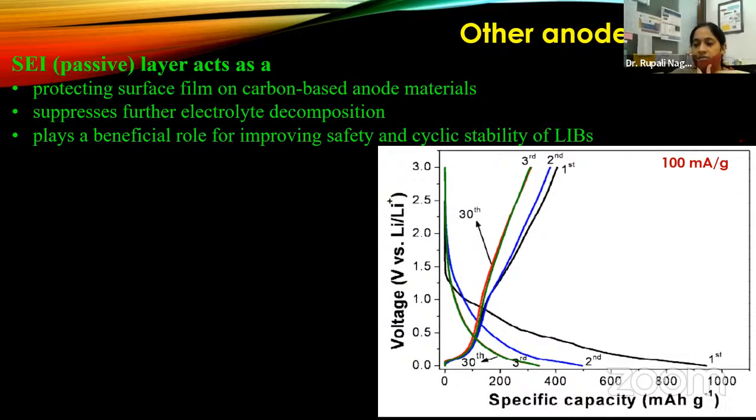So here, 100 milliampere per gram, when the cell is operating, you can see that this is the first discharge cycle. So when you have just constructed the cell and use it in the first discharge cycle, it goes up to 1000 milliampere per gram capacity, specific capacity.